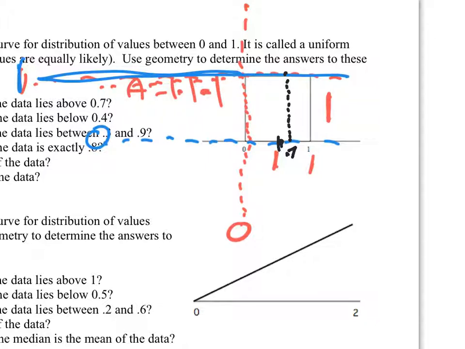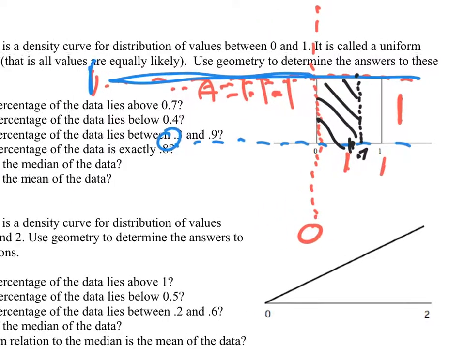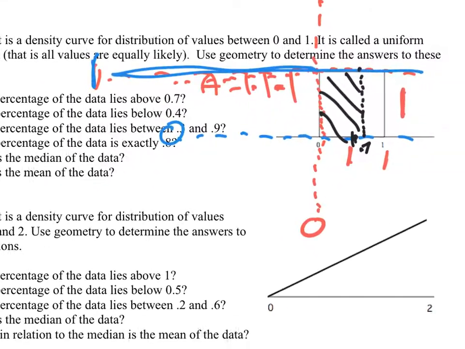That's what he gets. So I want all this area. So you guys who came from strong pre-calculus and strong calculus and strong algebra 2, what's the area of the black rectangle now? Because he is asking, let me ask it right, what is the percentage of the data?